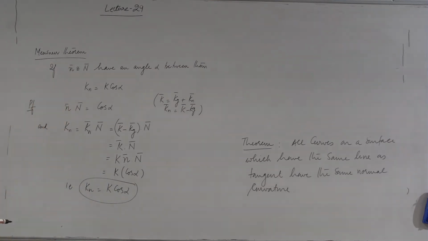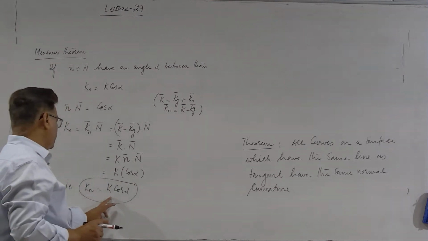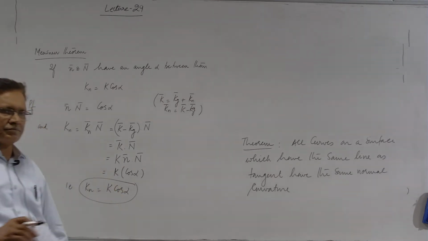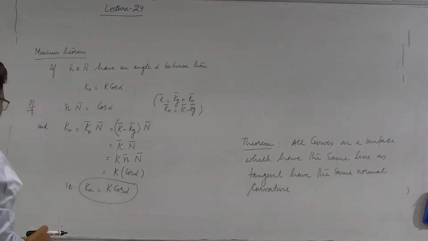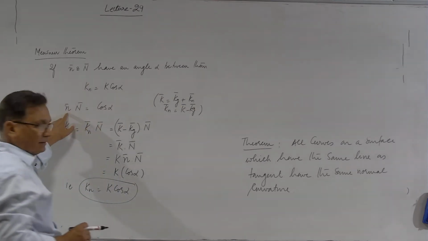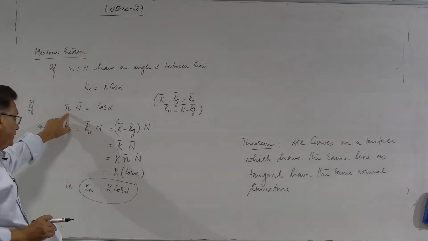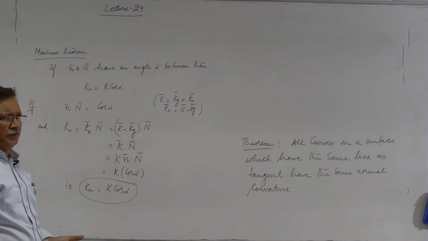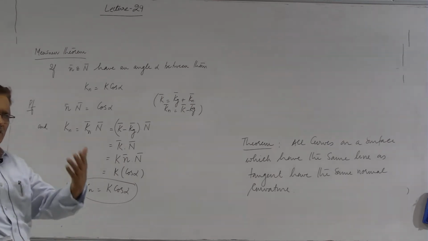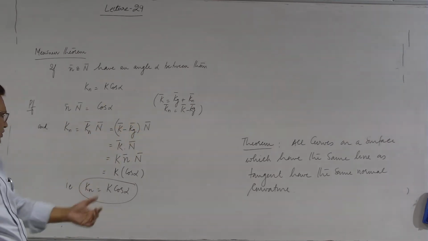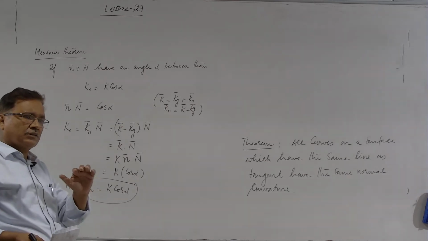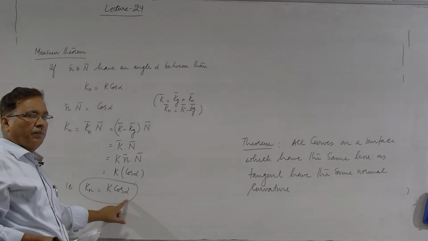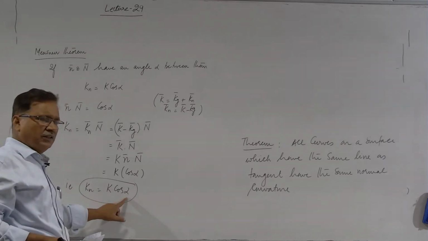So what you see from this formula is that Kn depends on alpha, and alpha depends on small n. Why am I saying that alpha depends on small n? Because capital N is fixed. I have no control over capital N, it is an object of the surface. So with regard to the curve, you can say that Kn depends on alpha. In other words, Kn depends on small n.